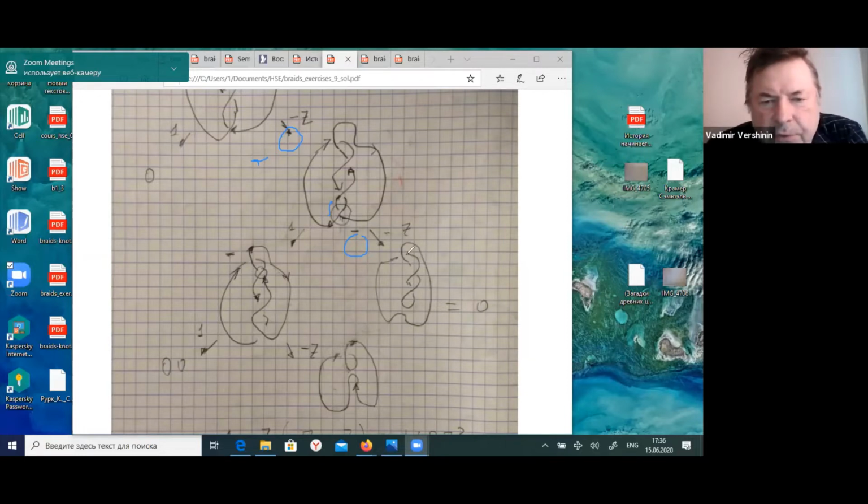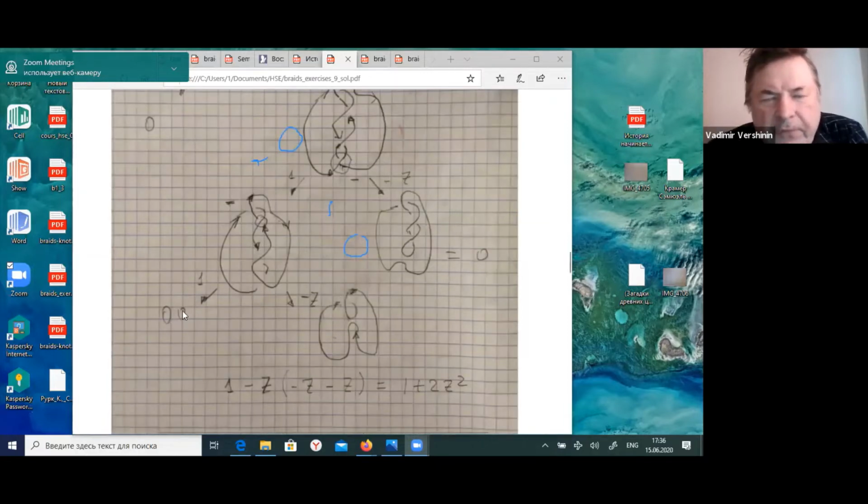So let us continue here. Here we have split link, this is 0. But here, again, if you make here, you have minus z, because again you have here this direction, and this is -1, so minus z.